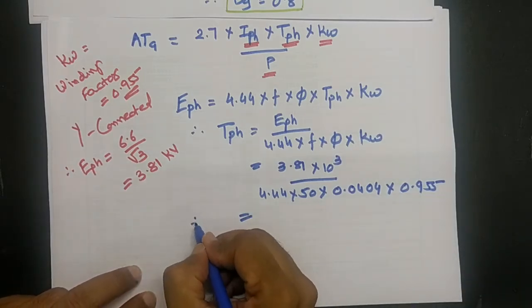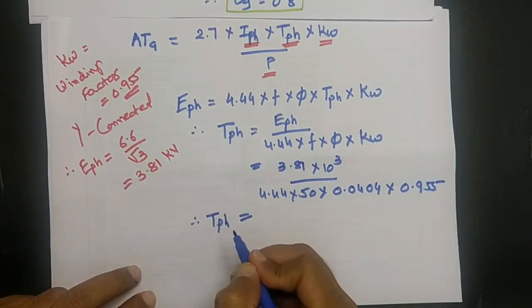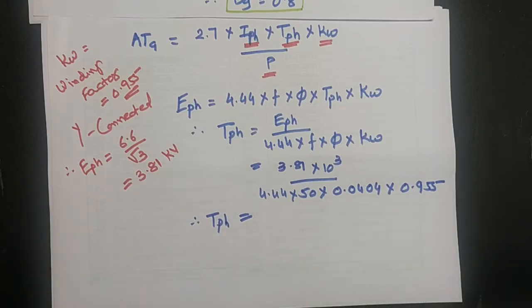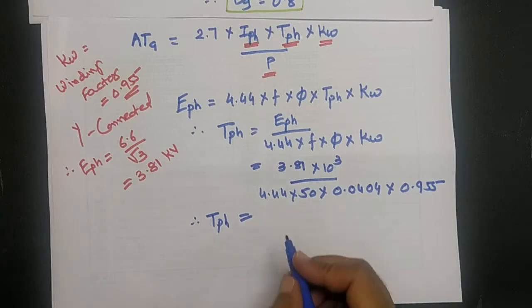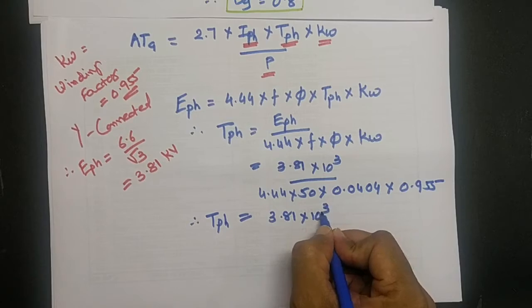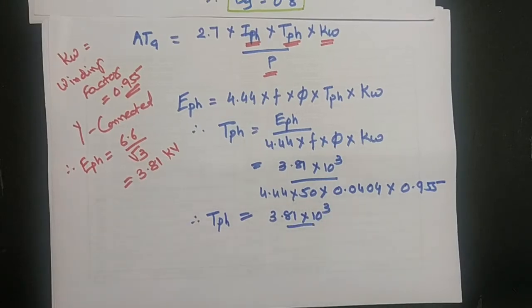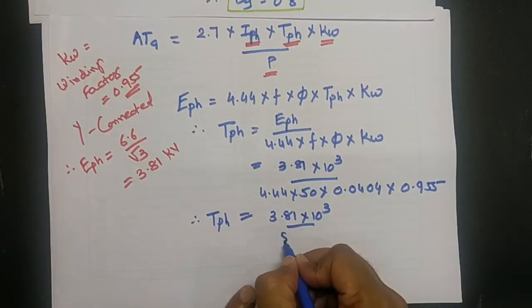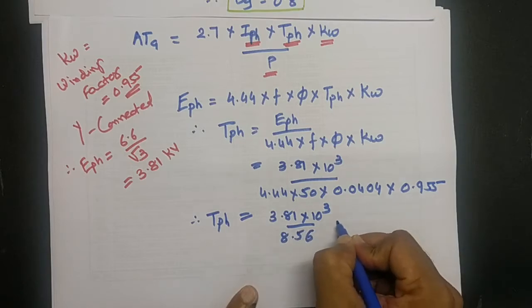So turns per phase: 4.44 multiplied by 50 multiplied by 0.0404 multiplied by 0.955, so it comes to 3.81 multiplied by 10 raised to 3 divided by 8.56.